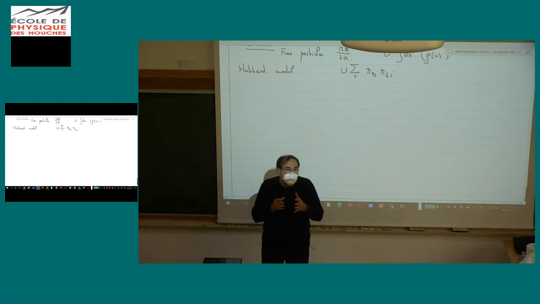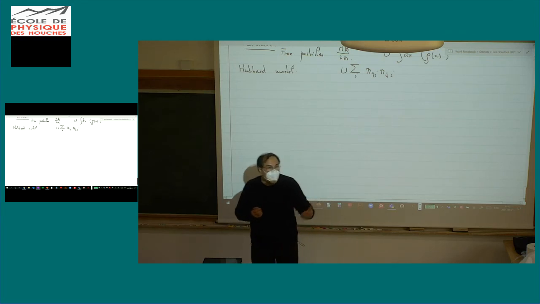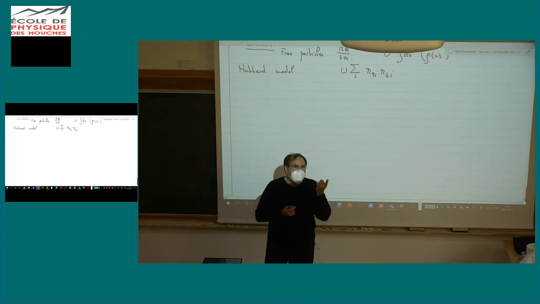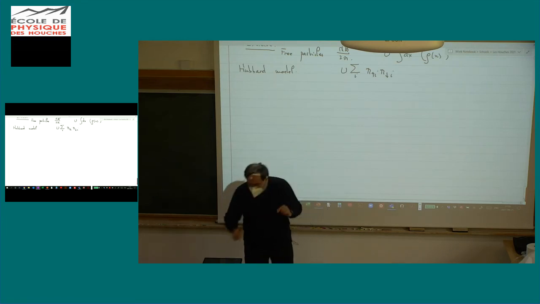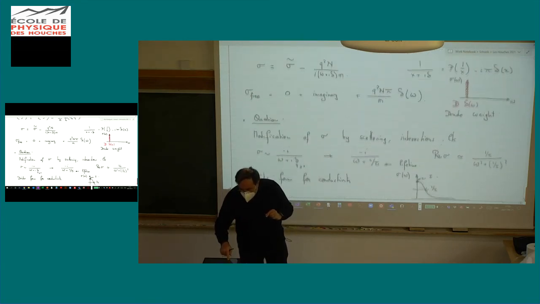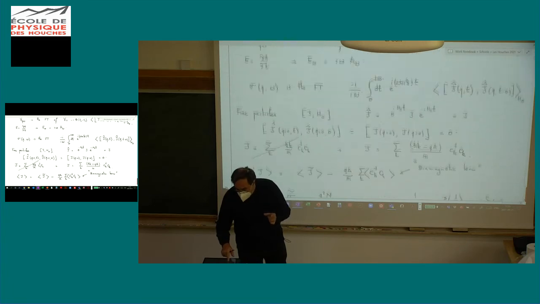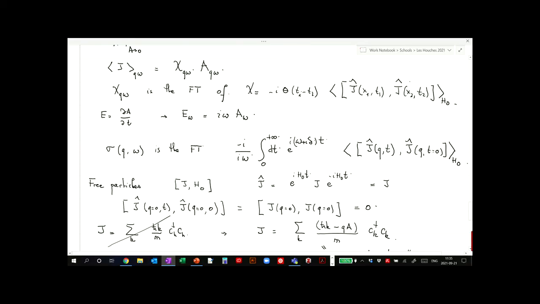The Kubo formula is the linear response to an external electric field. So if you want, the general formalism of linear response is much more generic, and you could say the Kubo formula is a trivial consequence of it. The two little things you have to remember is that for the conductivity, the current contains the perturbation itself, and you should not forget this extra term.